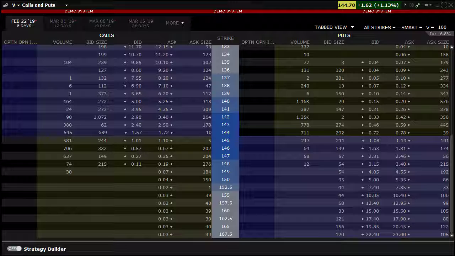What is all that? Well, it's basically an instrument for people that want to have a higher return on a security than what a stock can offer, and also somebody that wants to limit their risk. You can use different option trading strategies to limit your risk.